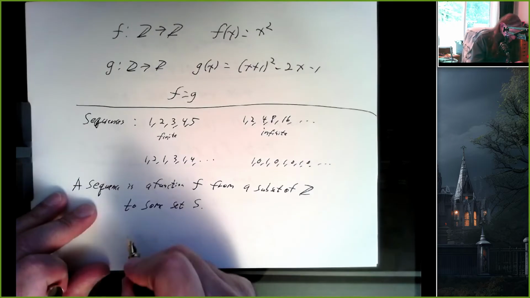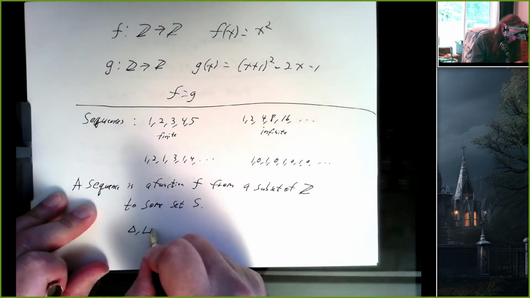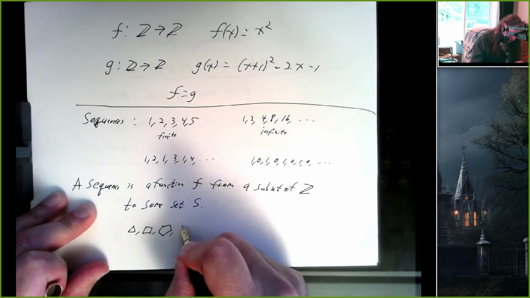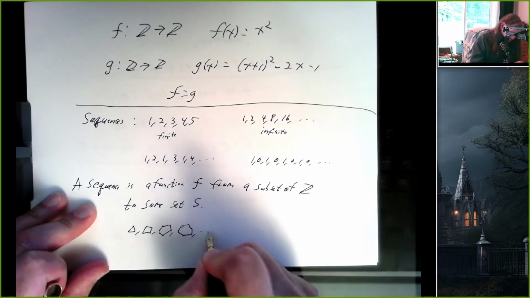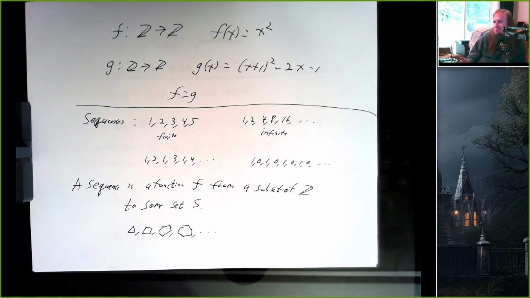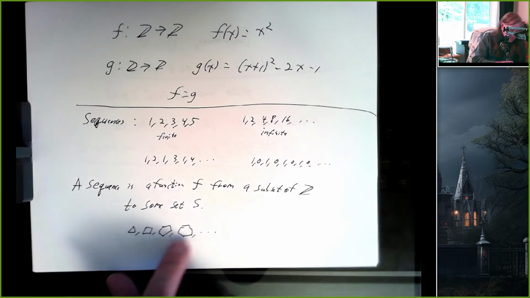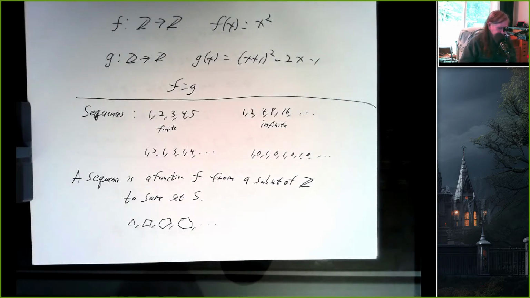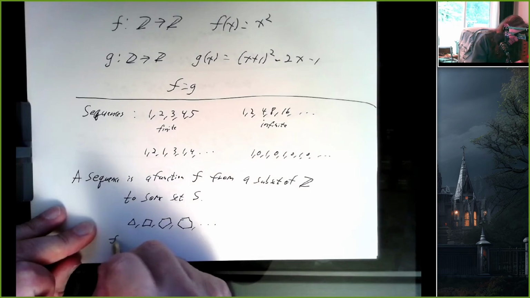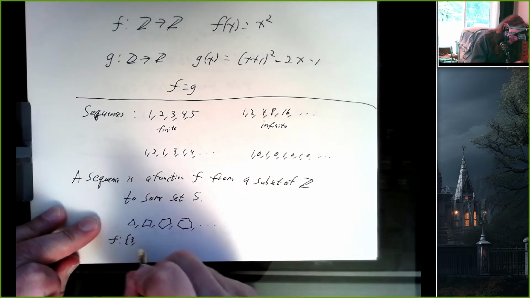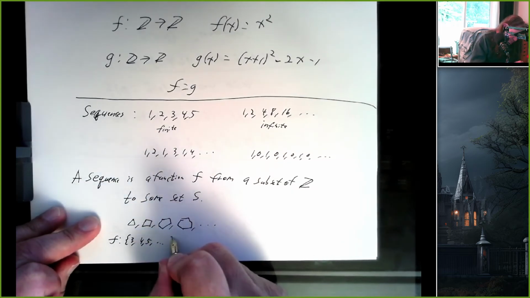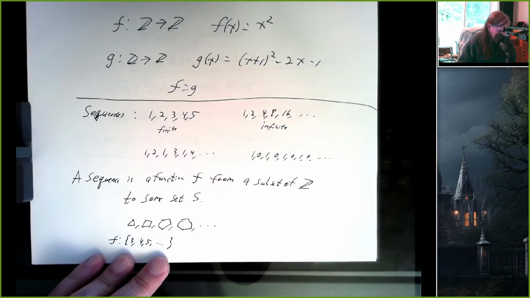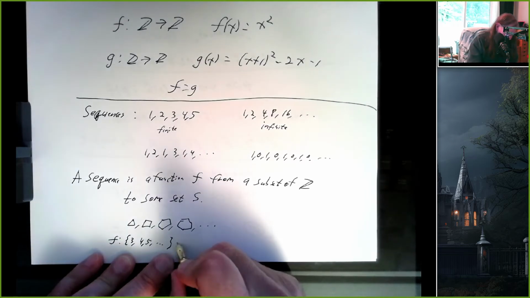So here's an example of a sequence. Triangle, square, 5-sided thing, 6-sided thing, and so on. I could have a sequence of polygons with an increasing number of sides. I could define this sequence by using dots and commas, but I could also say f goes from the set of integers starting with 3 to the set of polygons.